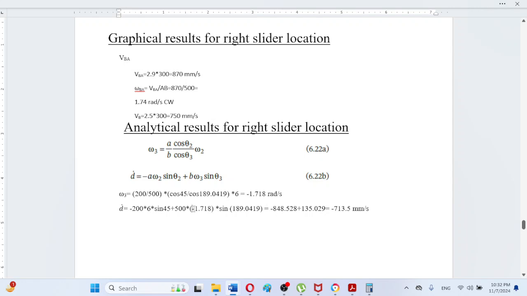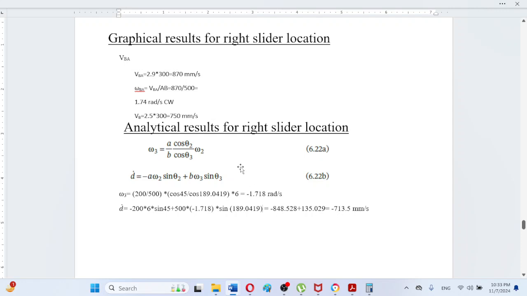And the slider location, as we can observe here, that is also showing that the slider location is this -713.5, and our result here is shown that VB is equal to 750 millimeter.